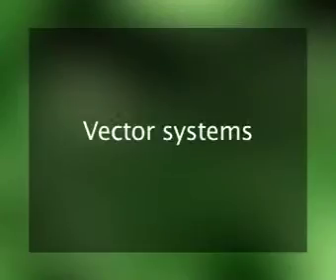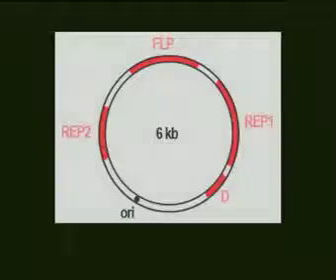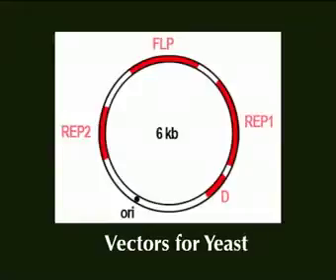Now, what are vector systems? Most yeast vectors developed share the following common features. Number one, most of the vectors are derived from bacterial plasmids and retain both the ability to replicate in bacteria and selection markers suitable for use in bacterial systems.